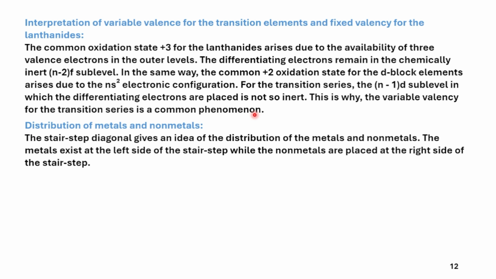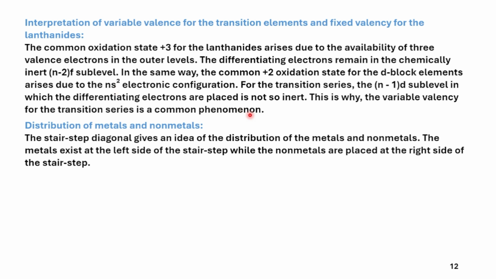But the case is a little bit different in d block or transition metal elements. There, the last electron is going in the (n-1)d, and ns has 2 electrons, ns2. So they definitely have the +2 oxidation state. These 2 electrons can go and give +2.